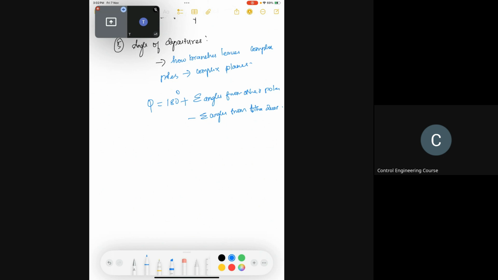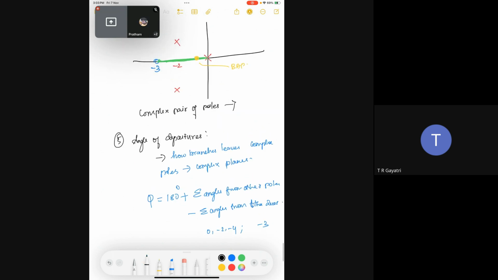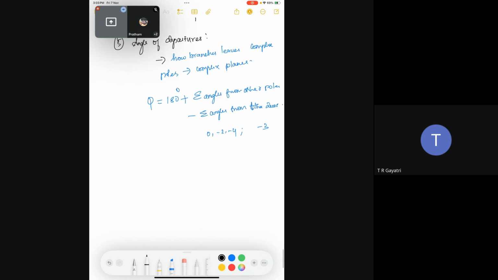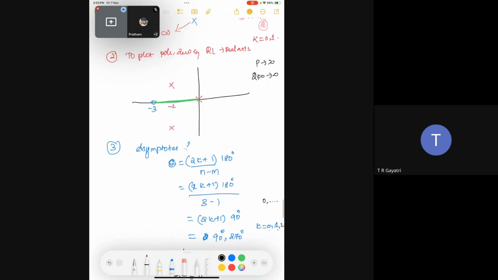The other poles are 0, -2, -4. The other zero is at -3. How can we find it? What are the poles? 0, minus 2... oh sorry, this is different, no? 0, and minus 2 plus or minus 3j.